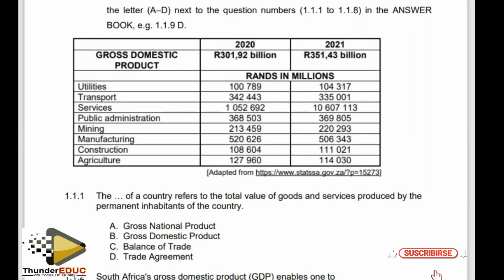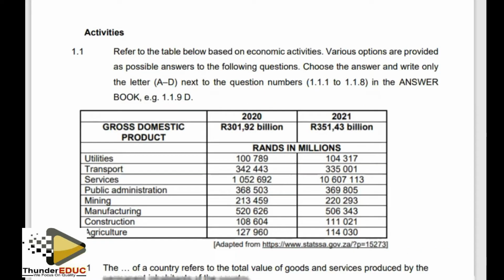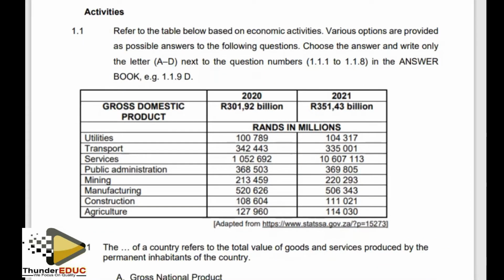So today we shall be looking at questions based more on economic geography, that is paper 2. So this is our figure below. As you can see here, they talk about the gross domestic product in billion rands.